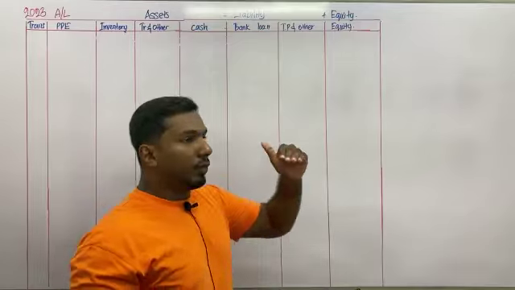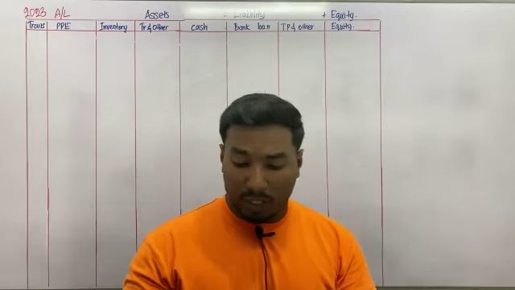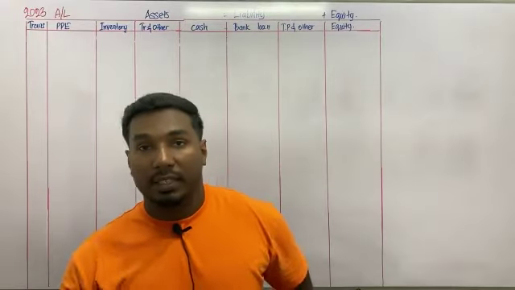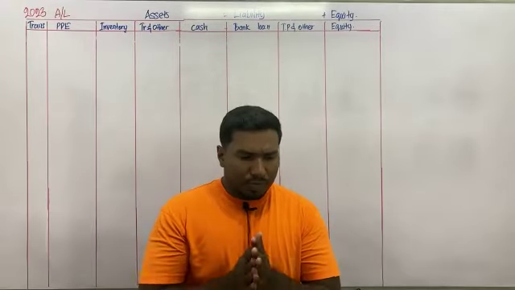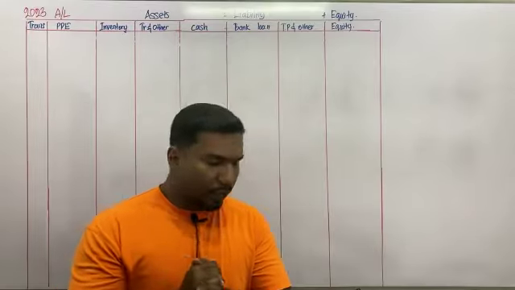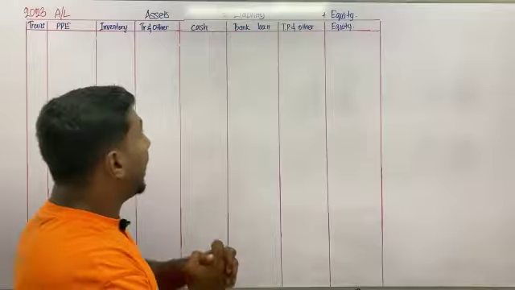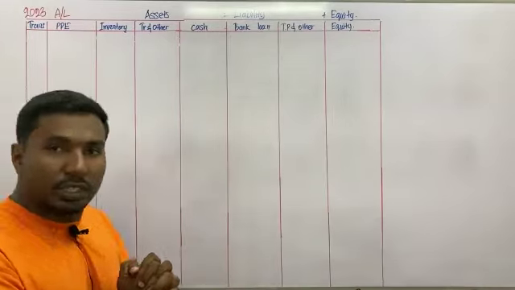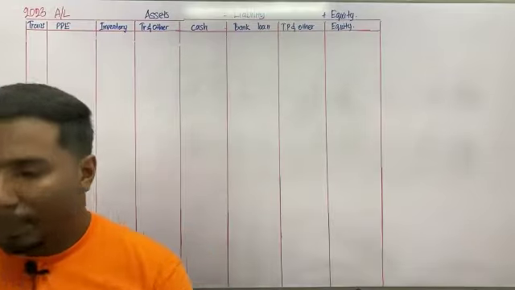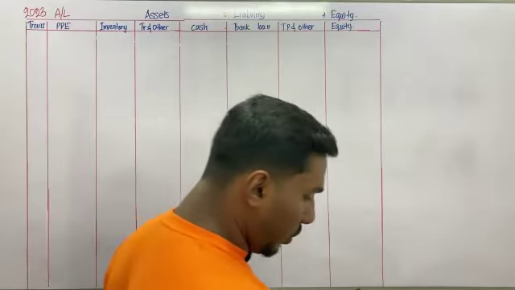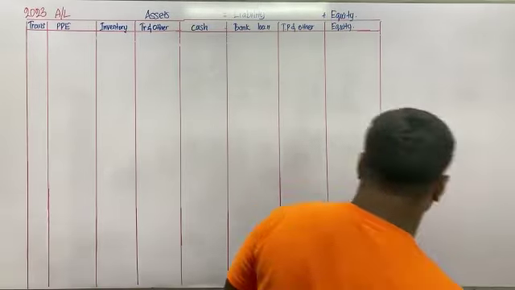After that, you have to enter it. After that, we have to calculate, in question number 2, the profit and loss using the net asset basis. We'll do that later. But first of all, we just have to enter these transactions. So I'll start with transaction number 1.